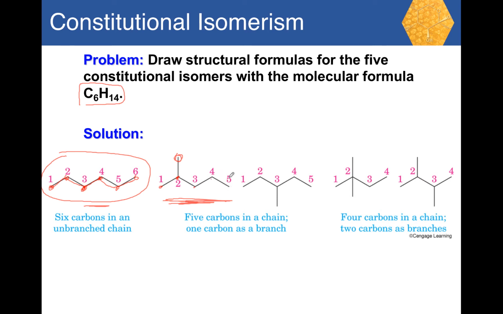So this now has 5 carbons in a line, and one we could describe as a branch to that straight line. So this molecule here is C6H14, same chemical formula. However, the structure is different. So therefore, these two are constitutional isomers.